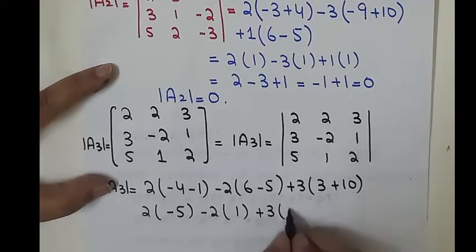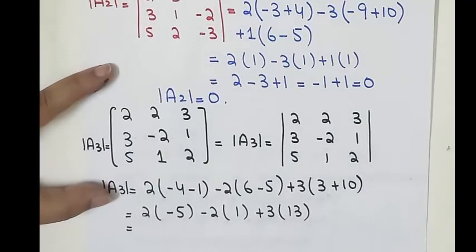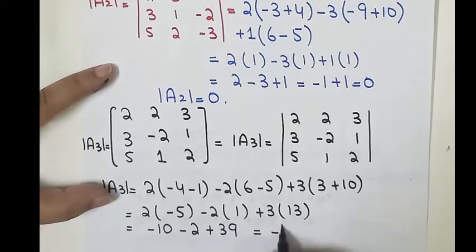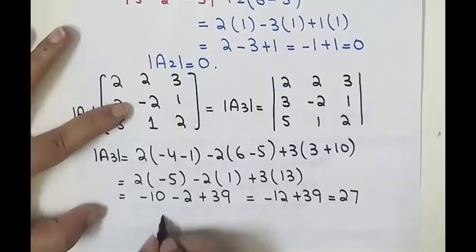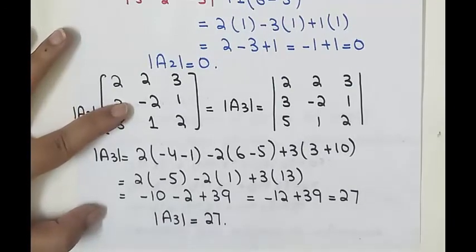Plus 3, 3 plus 10 is 13. So now we have minus 10, minus 2 and 13 3 times is 39. Minus 10 minus 2 is minus 12 plus 39. So this is the value for determinant A3, 27.